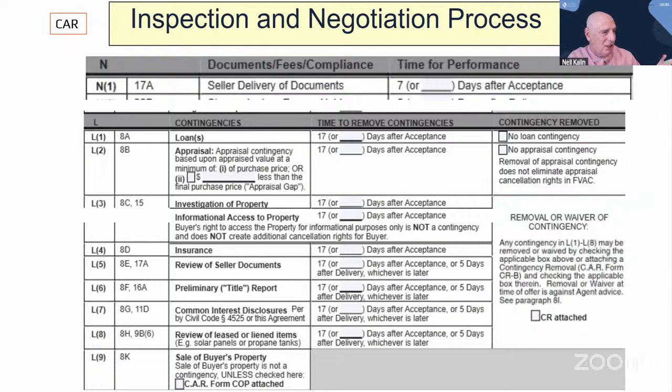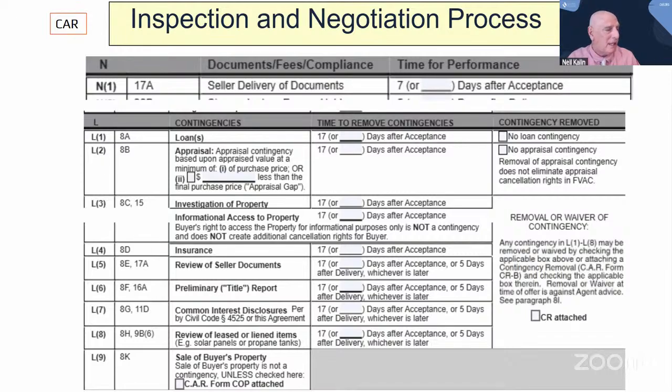And again, here's another portion of the grid in the purchase agreement. You can see in the fourth column, the default time for everything is 17 days. But I want to remind everybody, first of all, you can always change the default, as I mentioned before.